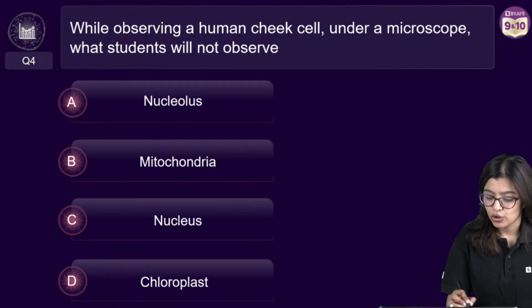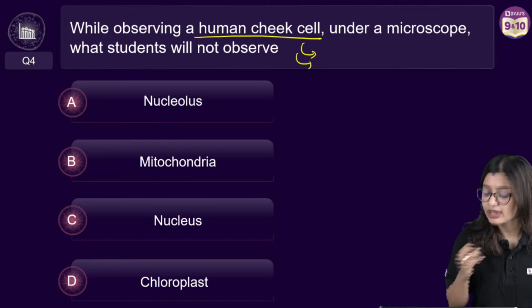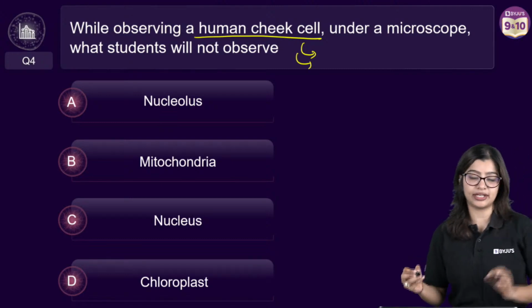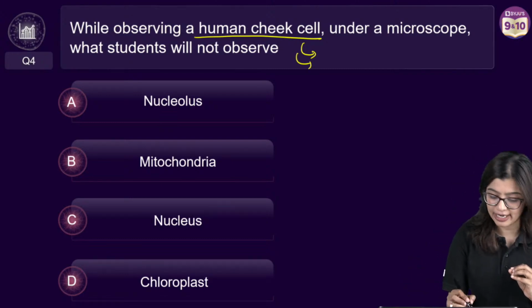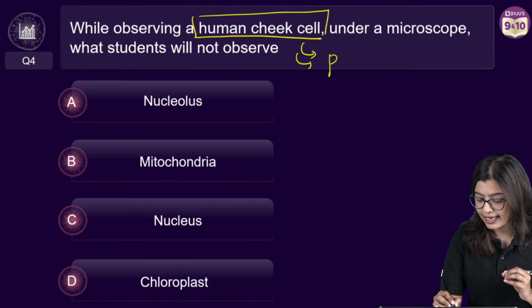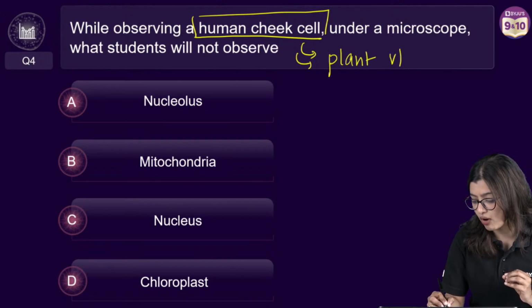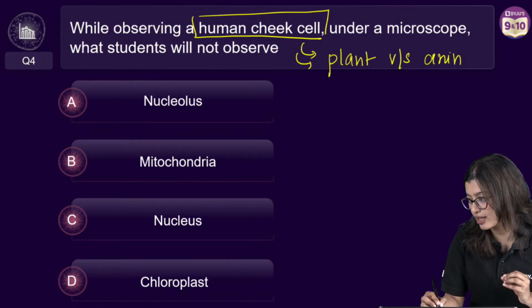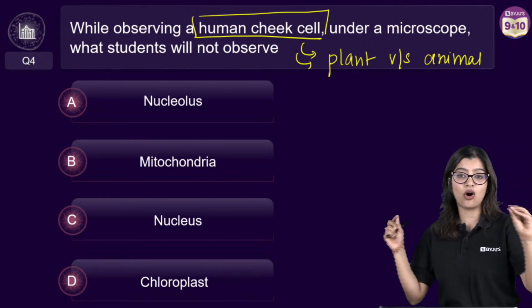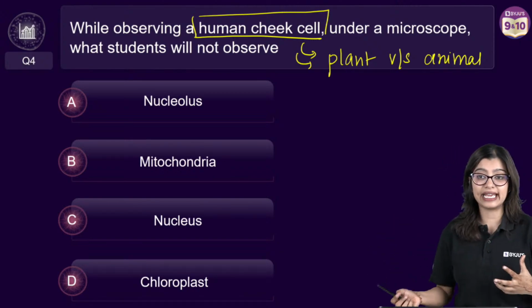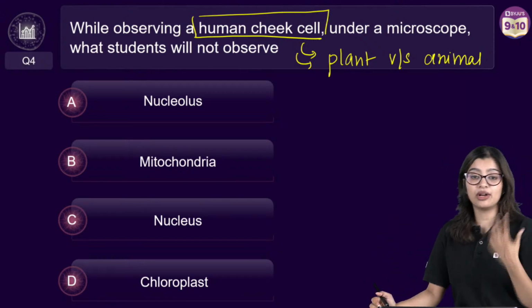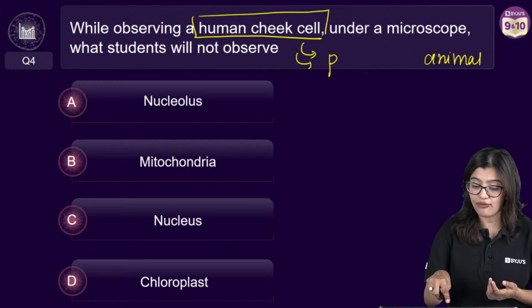Human cheek cell is your keyword here. First and foremost, is it a plant cell or an animal cell? Human cheek cells come under the category of animal cells.